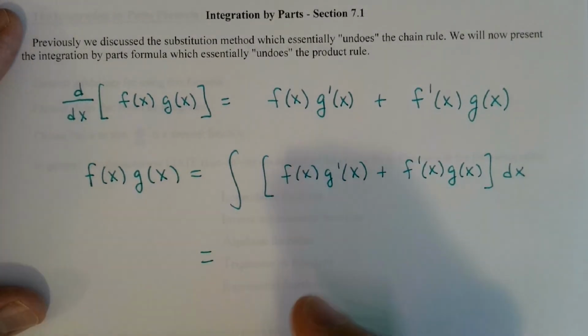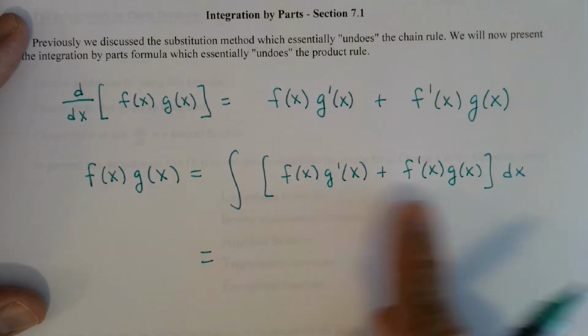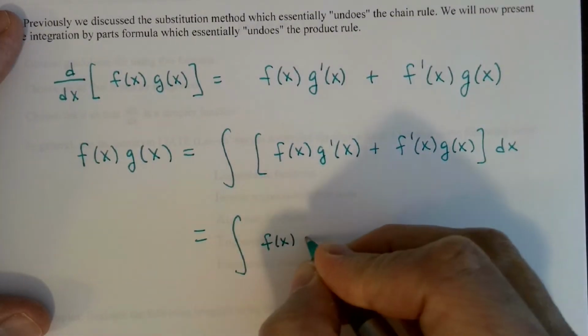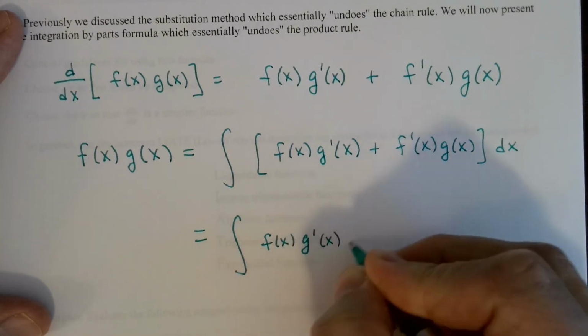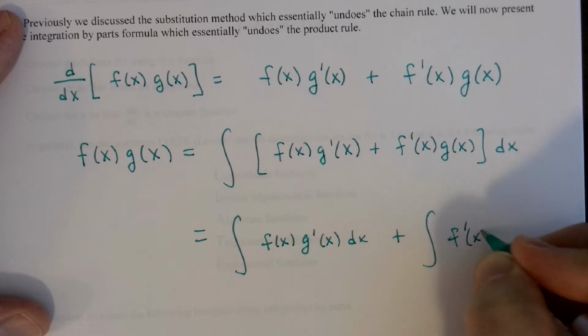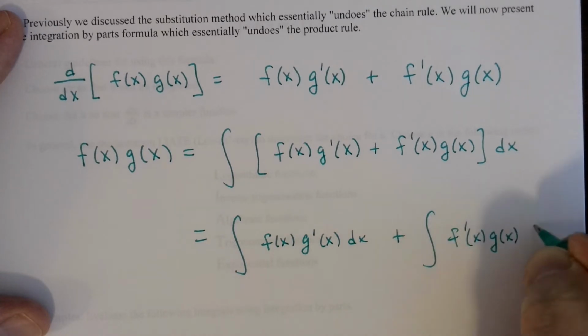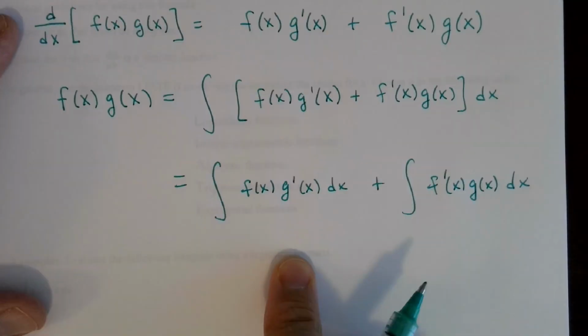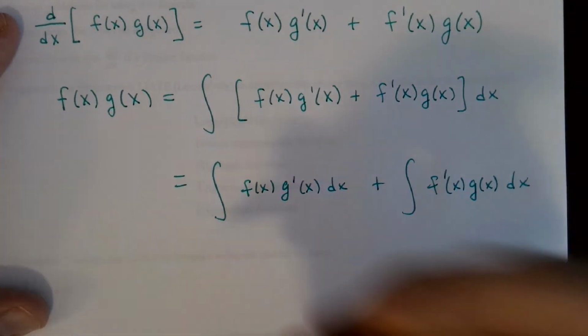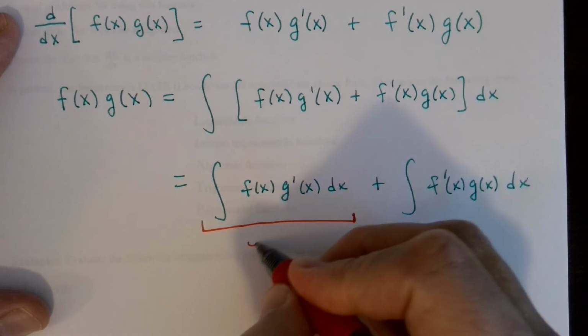Now I'm going to take a look at this integral over here. It's the sum of two things. I can split that up into two integrals. By the property of integrals, the linearity properties, I can split this up into two. And what I want to do now is solve for this particular integral.